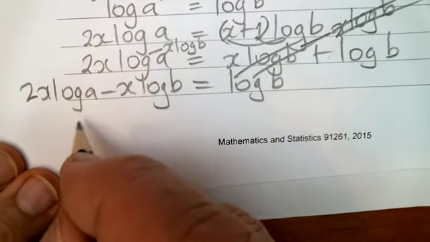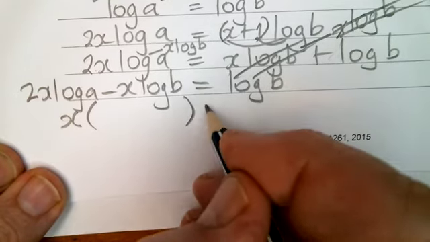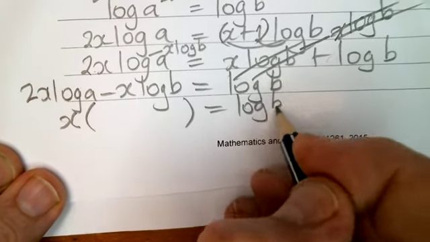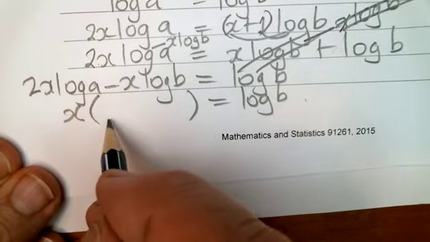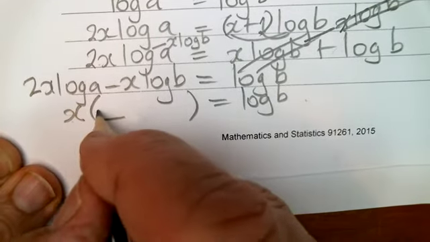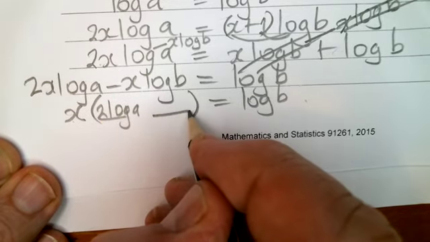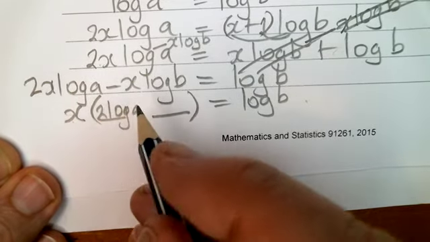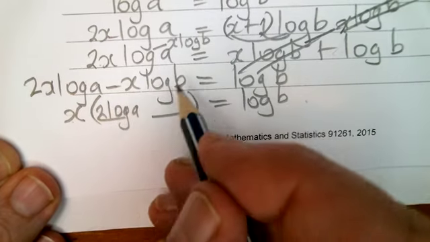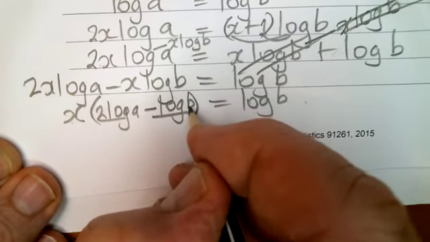So I could take x outside the brackets here and go x, have some brackets here, equals log b. And inside the brackets, I could say what times x makes 2x log a? Well, that would be 2 log a. And then I could say what times x makes negative x log b? Well, that's going to be negative log b.